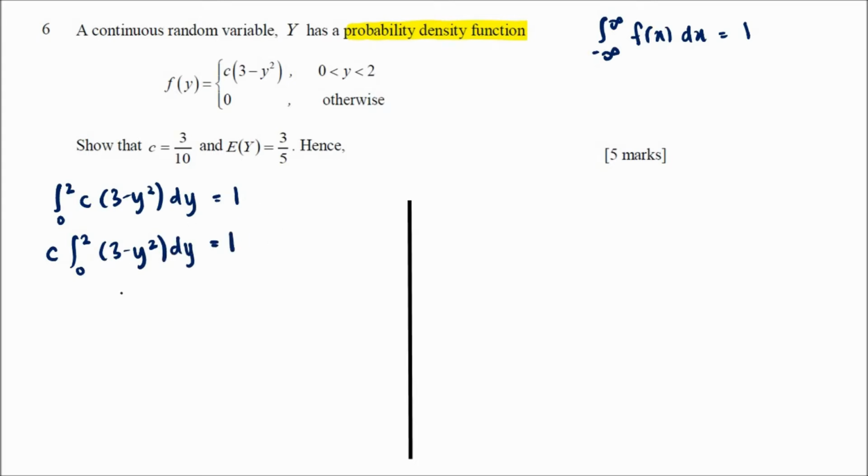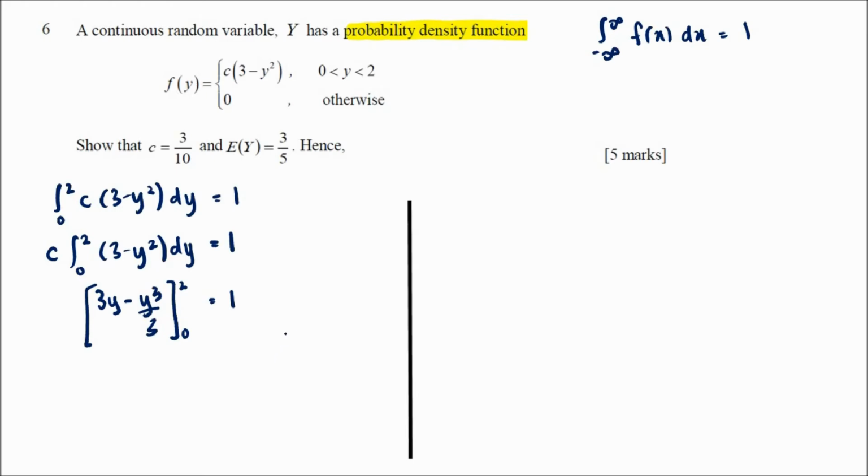Finally over here, if we integrate, we will get 3y minus y cubed over 3, and substitute our limit from 0 to 2. This is equal to 1.